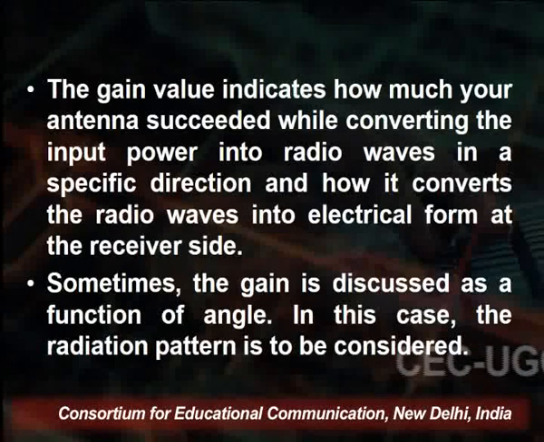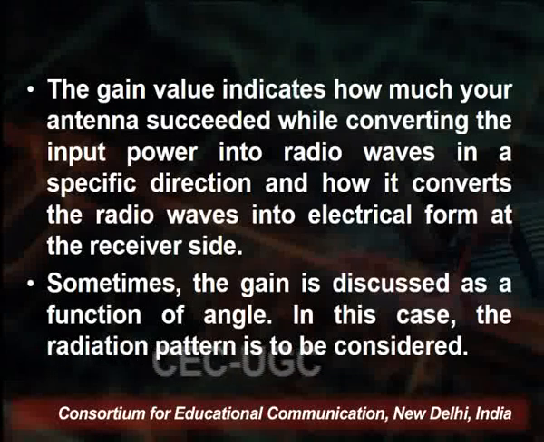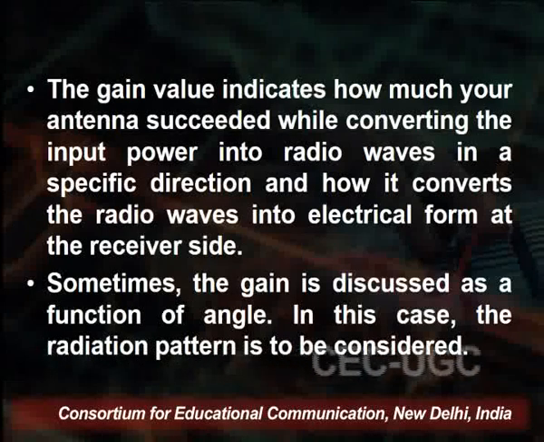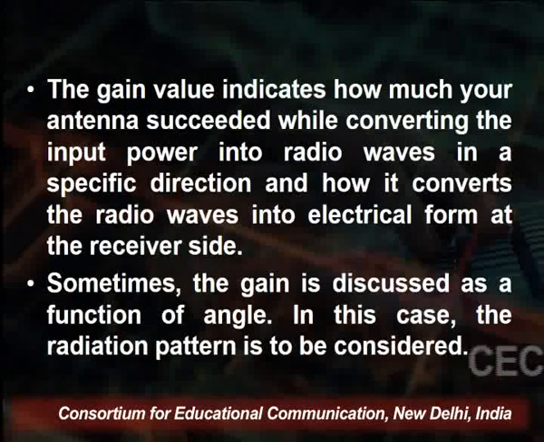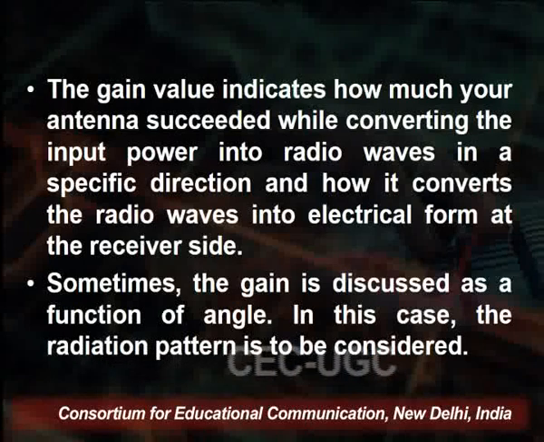The gain value indicates how much the antenna succeeded in converting the input power into radio waves in a specific direction. So direction is also important in the antenna gain. It is very important how much input we are giving and how much is converted into radio waves in a particular direction.